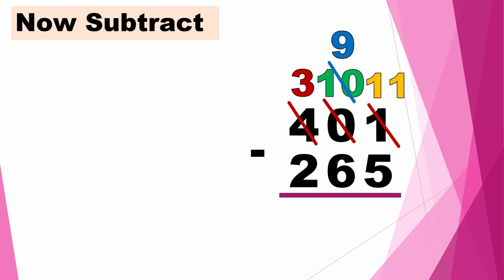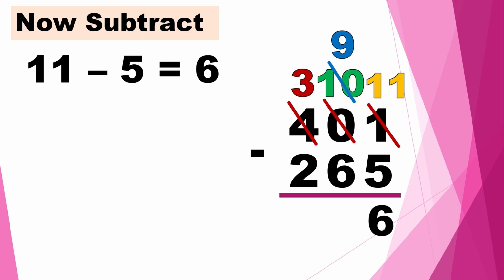Okay, after regrouping, now we subtract from right to left. We start with ones. 11 minus 5 equals 6. Next, 9 minus 6 equals 3.